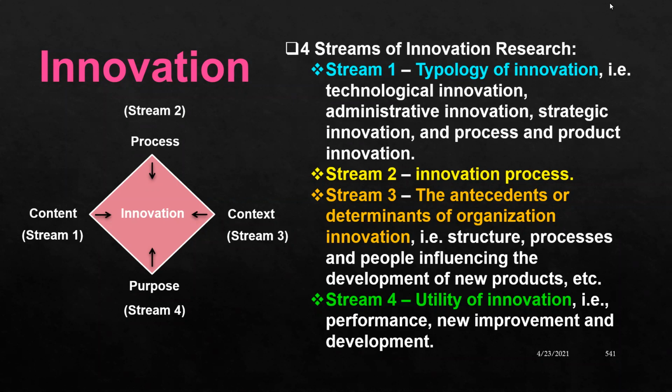They could be technological innovations, administrative innovations, strategic innovations, the way we conceptualize our way of competing and winning in the markets, and process and product innovations, all these typological types. Then another stream is focusing on how we are going to get that innovation accomplished, the process involved in innovation. There are a lot of innovation processes in the literature.